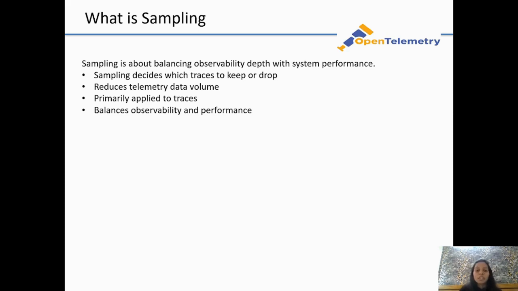Sampling is primarily applied to traces because traces can grow very large and expensive to store. In simple words, sampling reduces the data volume, improves system performance, and balances observability depth with cost and overhead. You don't need all traces to understand your system, you need the right traces.